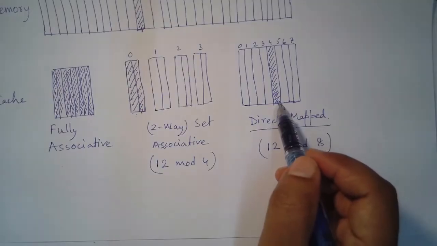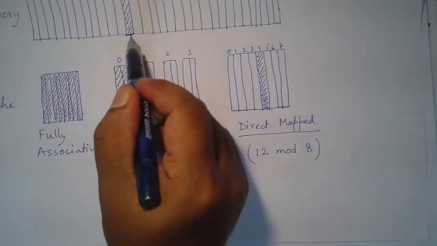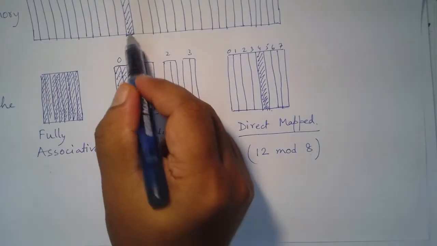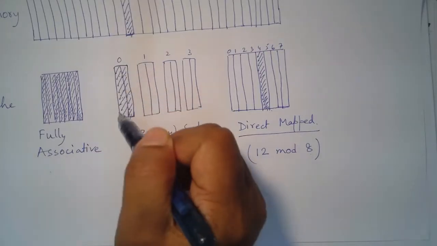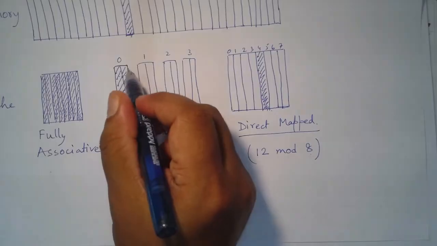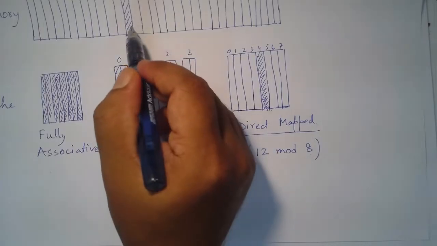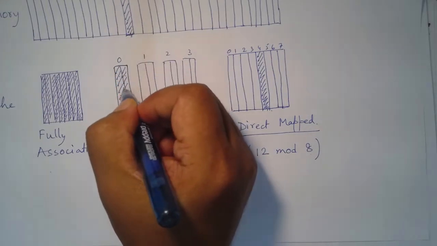So in the set associative case, since I have two locations where I can put this block, let's say block number 12 comes in and observes that in this set the first block is empty. So that block can be occupied by block number 12.